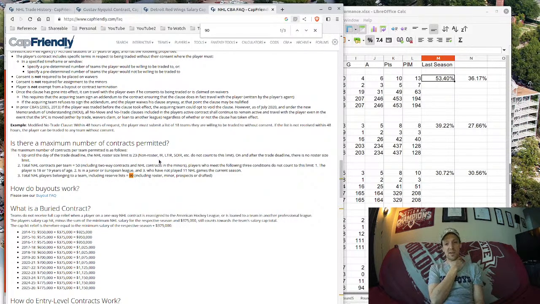So the one thing about having draft picks is if you keep drafting all these players, you're going to run up to the limit of the number of people controlled by your franchise. The reason I knew this is because of playing the NHL video game, where I would do things like this.